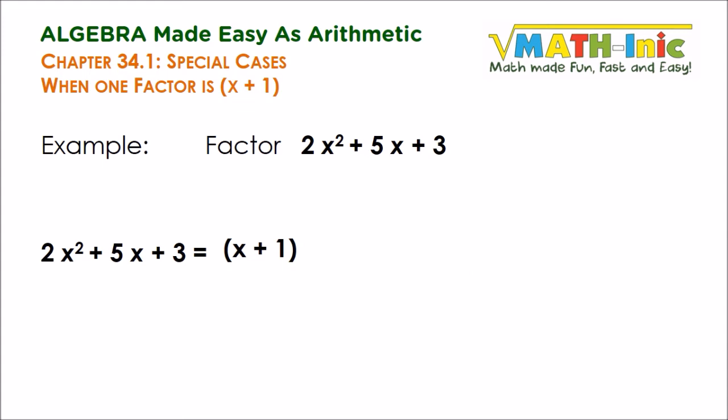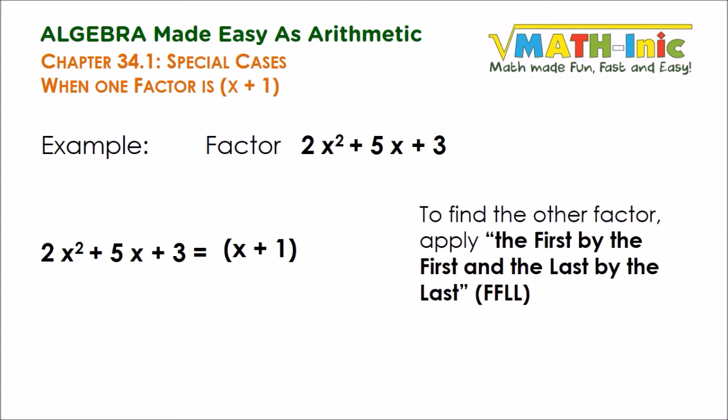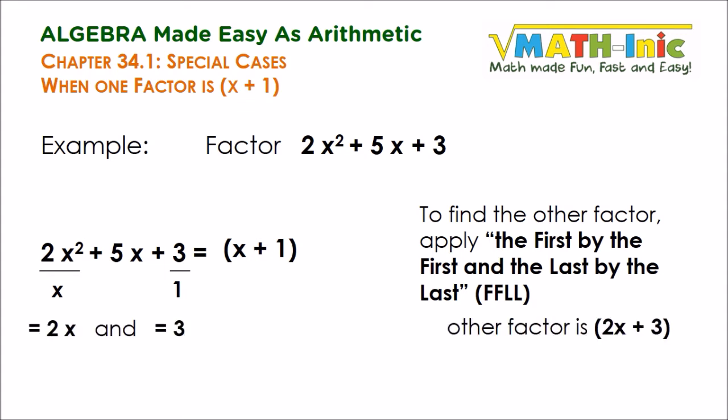Now we'll look for the other factor. We can use the first by the first and the last by the last to find the other factor. So we divide them by x plus 1, since one other factor is x plus 1. 2x squared divided by x is equal to 2x, and 3 divided by 1 is 3.